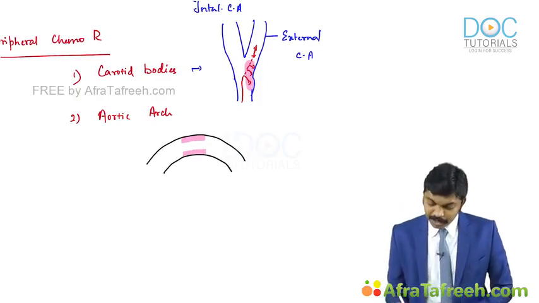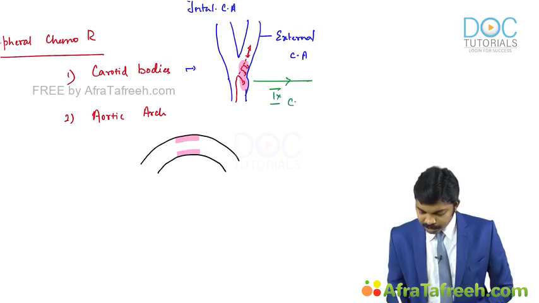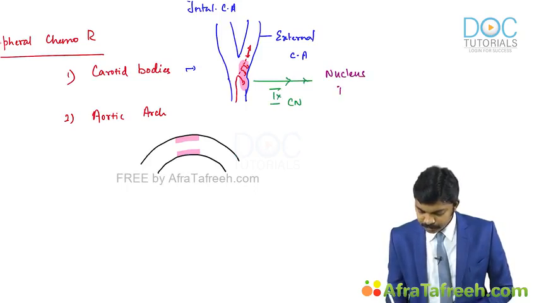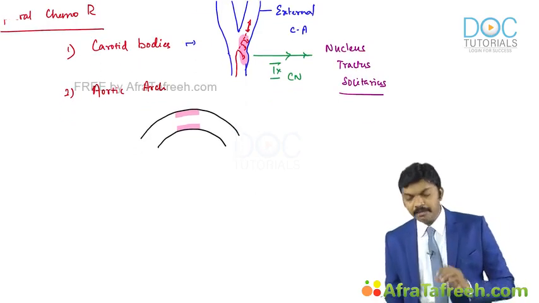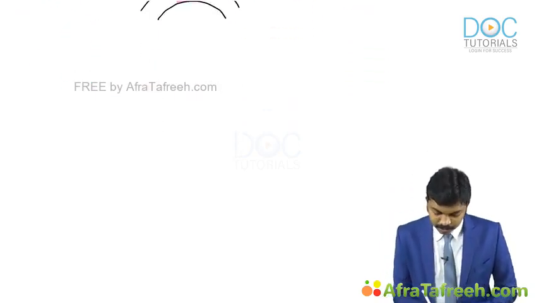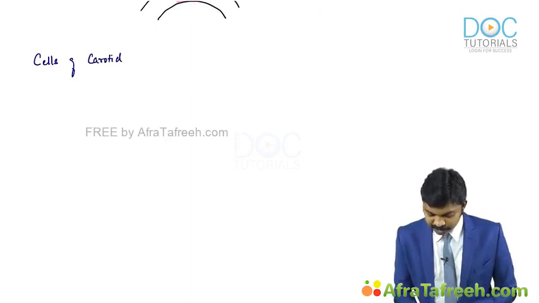So doctors, carotid bodies are innervated by the glossopharyngeal nerve, the ninth cranial nerve, which carries afferent information to a region called the nucleus tractus solitarius. Now if we could get into the cells of carotid bodies, we would find two kinds of cells here.